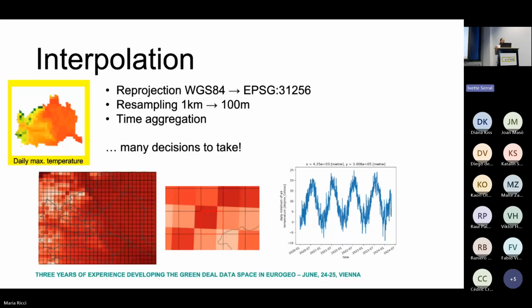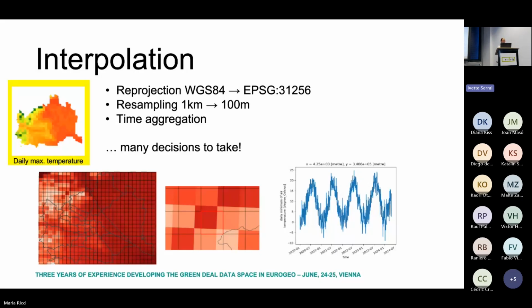So all these steps need lots of decisions to take. Which reprojection do I use? Which resampling method do I use? Do I use bilinear? Do I use nearest neighbor? And so on. What time aggregation do I use? Do I use daily? Do I use sun, daylight, nighttime, and so on?